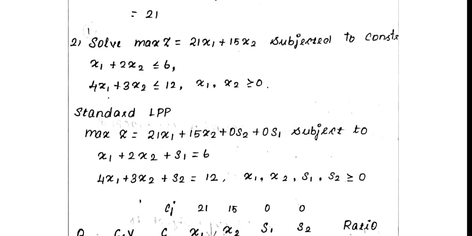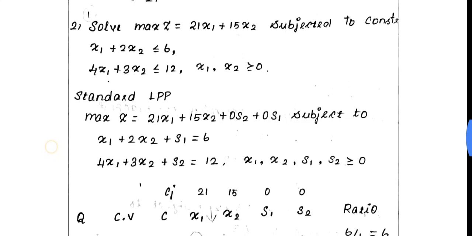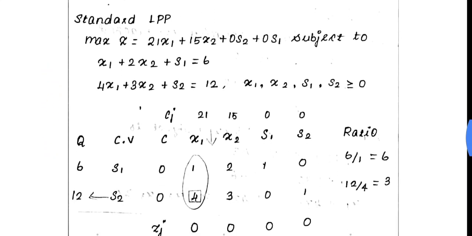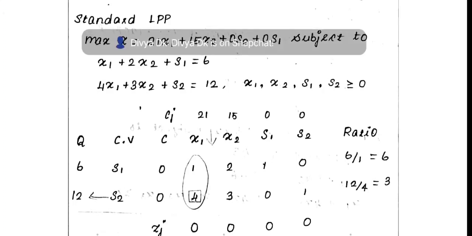Here we have two constraints, so we use slack variables s1, s2. Maximize z equal to 21x1 plus 15x2 plus 0s1 plus 0s2 subject to the constraints x1 plus 2x2 plus s1 equal to 6, 4x1 plus 3x2 plus s2 equal to 12, x1, x2, s1, s2 greater than or equal to 0.